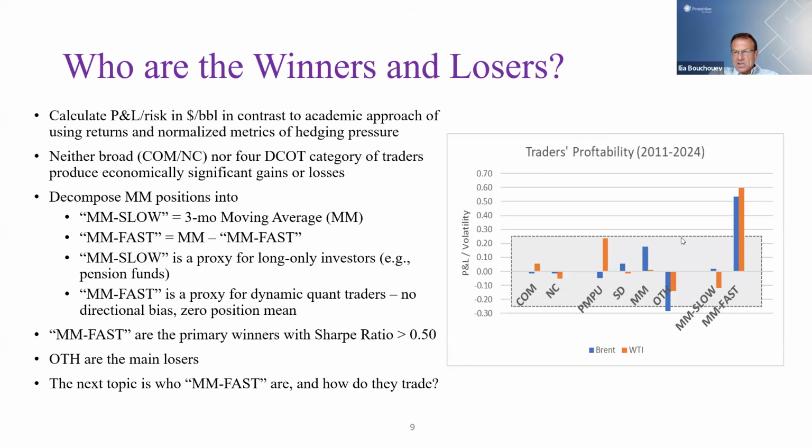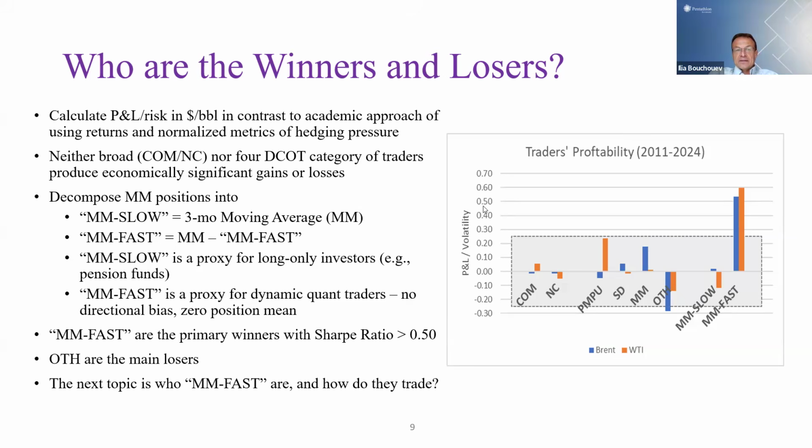What I shaded in gray is the area of economic insignificance in the eyes of the oil trader. If you're an economist, you tend to use t-statistics or p-values. If you're a trader, you just use a Sharpe ratio. It's much more practical and intuitive. And for us as traders, a Sharpe ratio below 0.25 is basically noise.